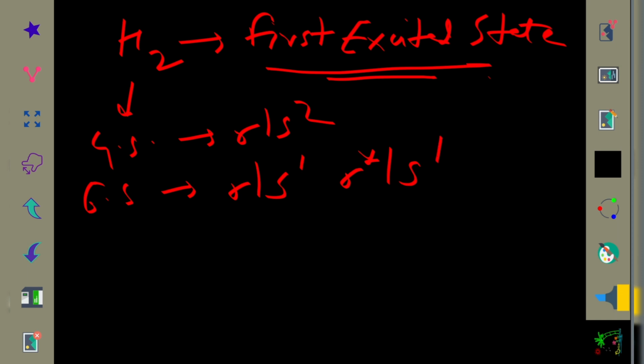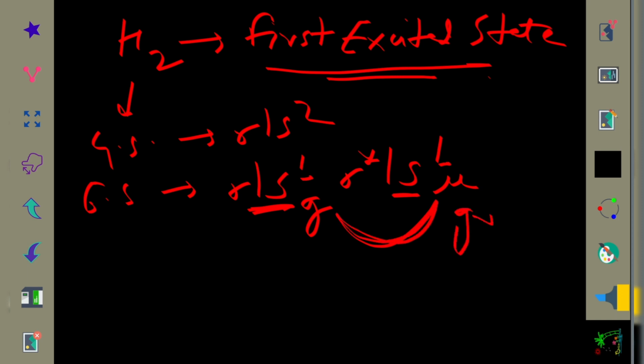Again we have to see the symmetries. This is gerade, this is ungerade. Now the rule I told you: when there are two unpaired electrons, we multiply the two symmetries to get the resultant. So g into u gives the overall symmetry as ungerade, right?